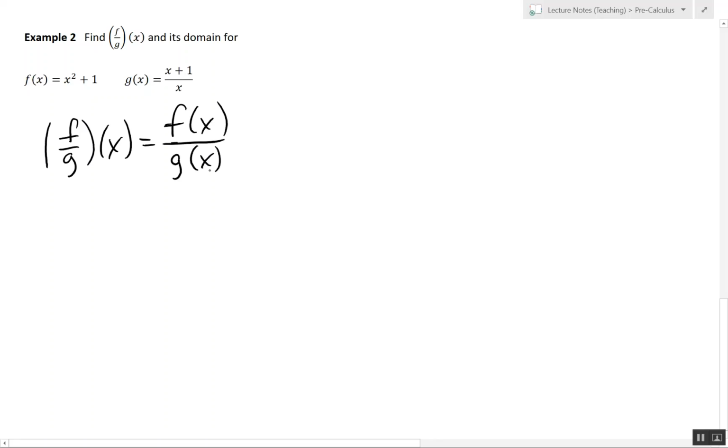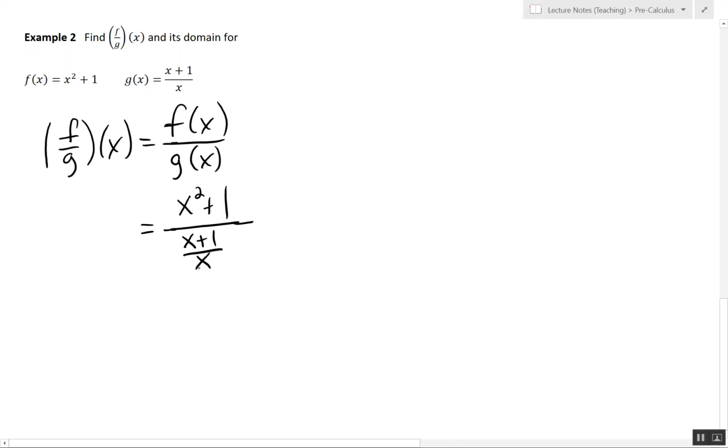And then we just plug in what f of x and g of x are. So in the numerator we'll have x squared plus 1 all over, and unfortunately with this problem, which was intentional in my design, we have a fraction within a fraction.